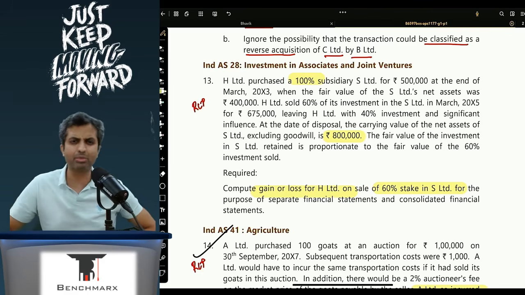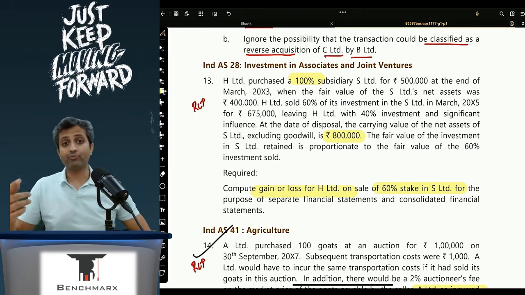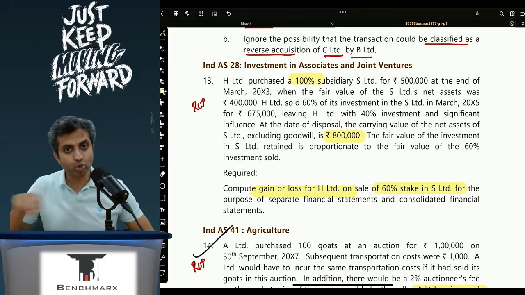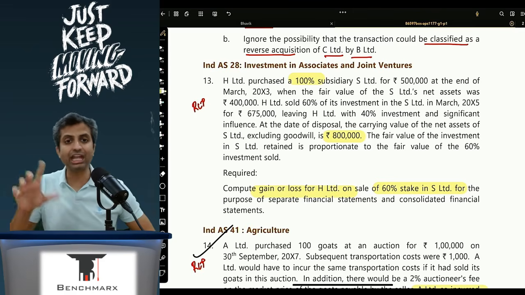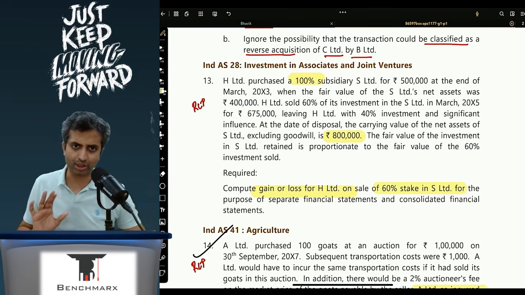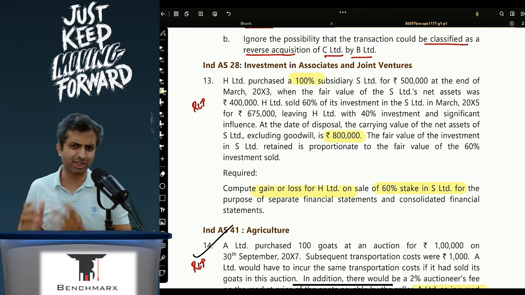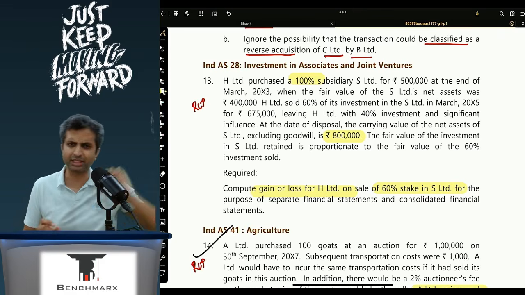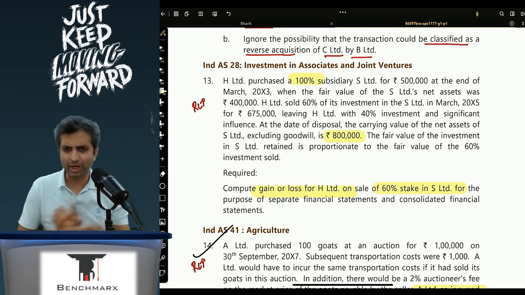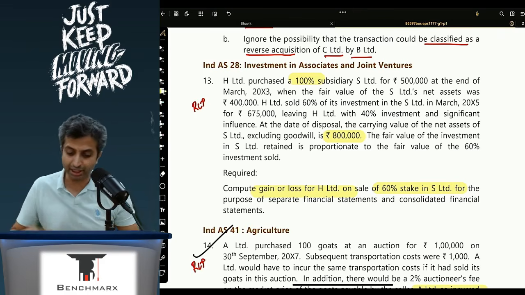So your entry will be bank account debit, investment account debit, credit to net assets and goodwill, and gain or loss, if any, will go to the profit and loss account. Okay, so you have to find the gain or loss in the separate as well as consolidated financial statements. You would have done multiple sums, I think from question 22 all the way up to 27 or 28 in consolidation pertaining to this concept.